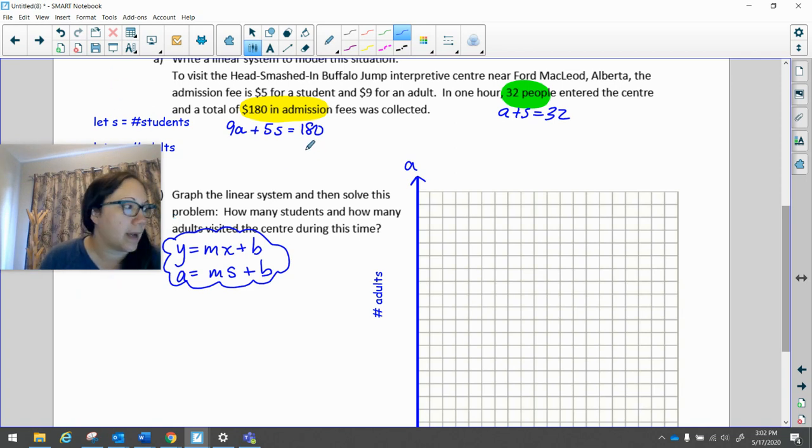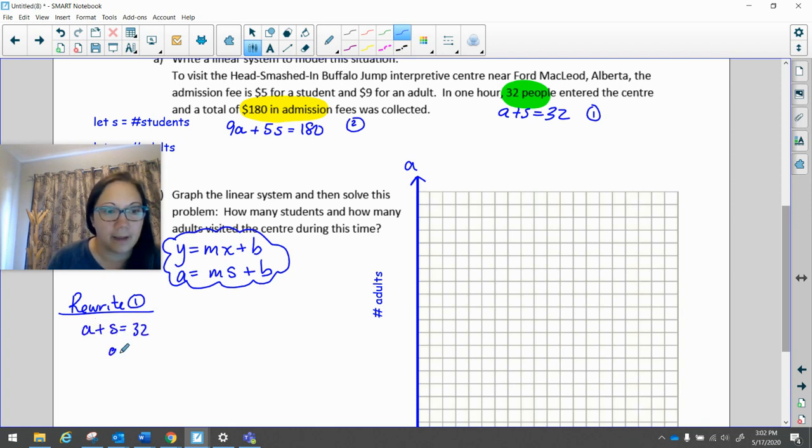I'll call this one equation 1 and this one equation 2. So I'm going to rewrite equation 1 in that form. So I have A + S = 32. I'm going to say A = -S + 32. So that is our first equation.